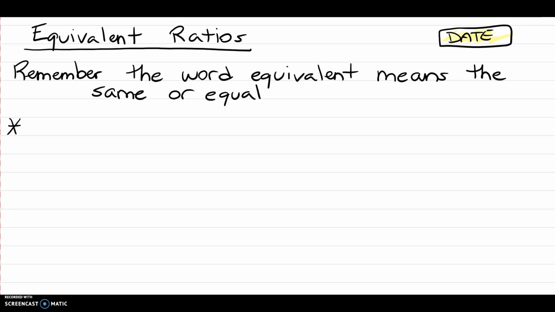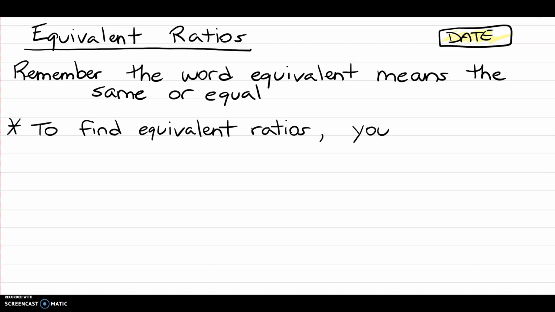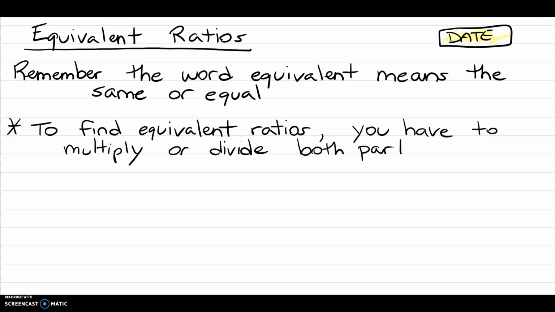So in order to find equivalent ratios, you either have to multiply or divide both parts of the ratio by the same number.